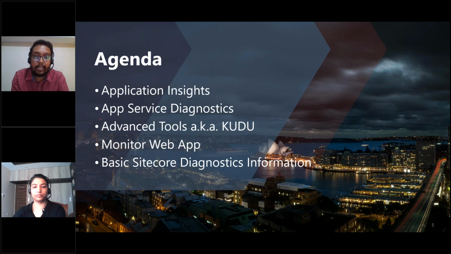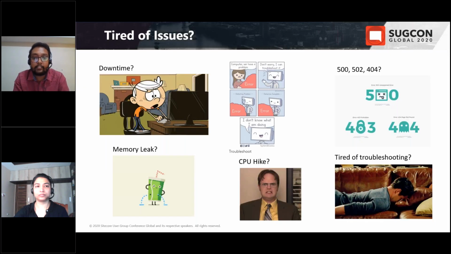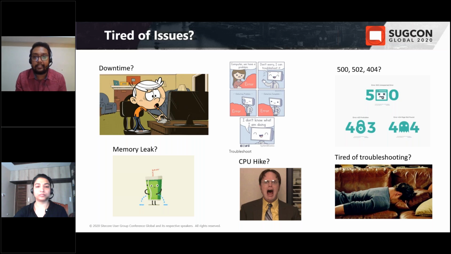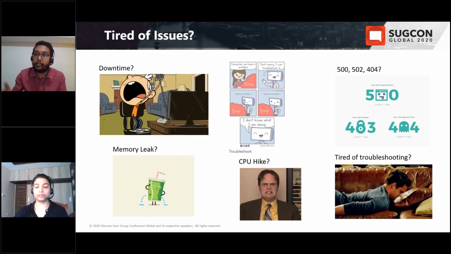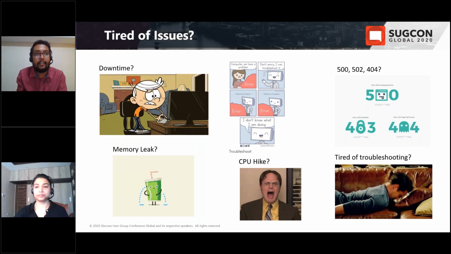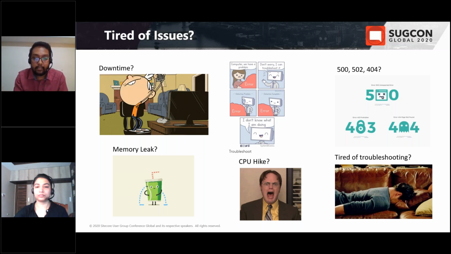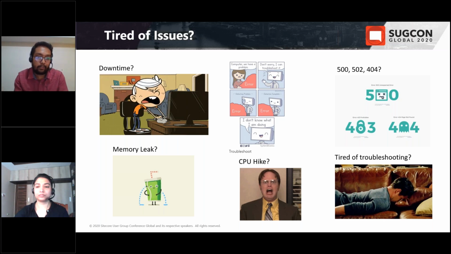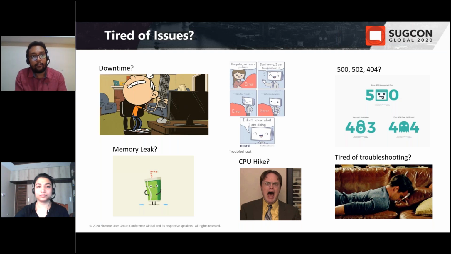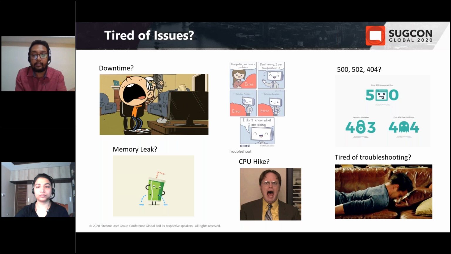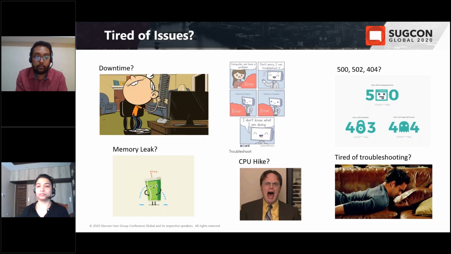We have heard our clients say that our site is slow or site is down. Whenever we take those issues first to our DevOps team, they just cross their hands or tell us it is a problem with our application, that is why the CPU or memory is increasing, and it is a problem of our code. But what we do is just raise a Sitecore support ticket without further working on or analyzing the issue.